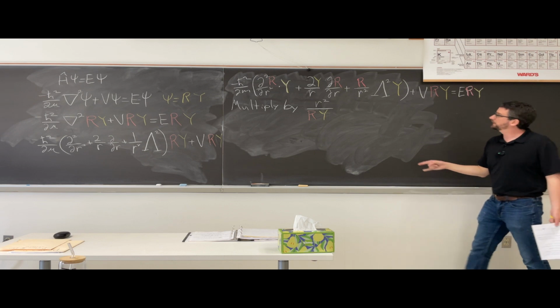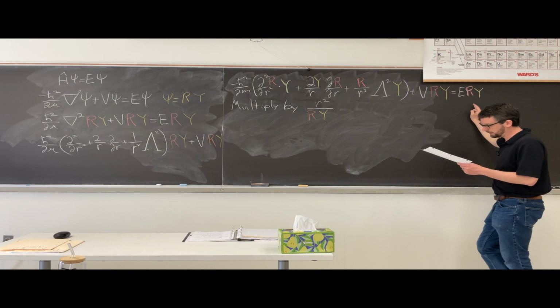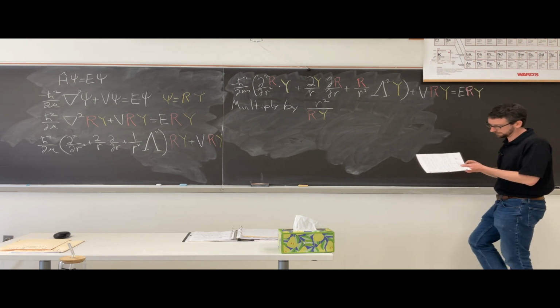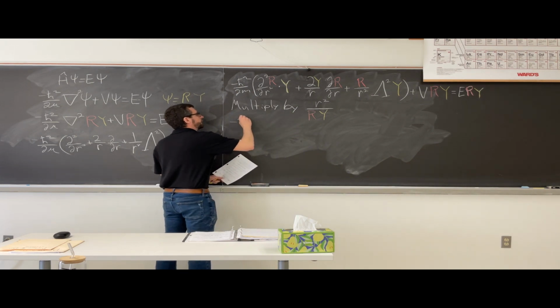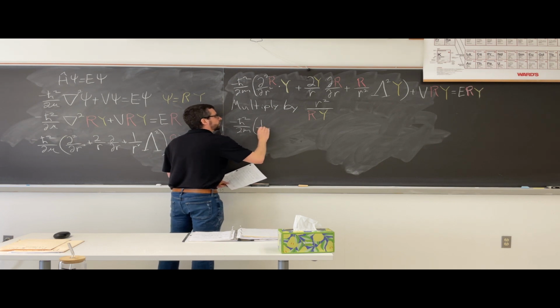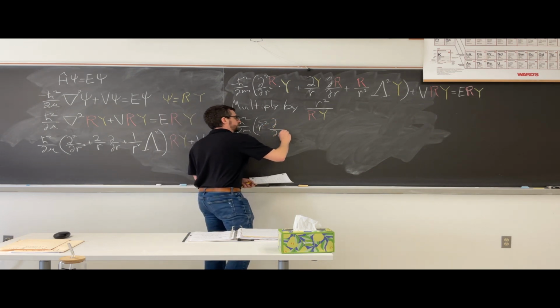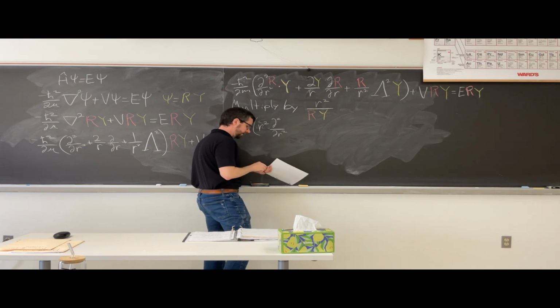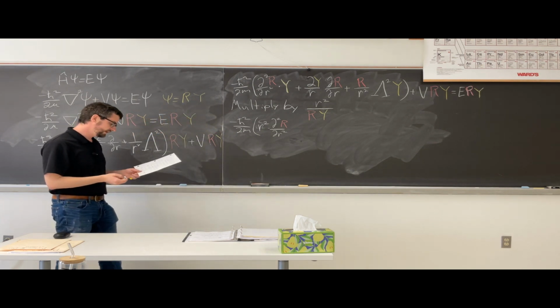And now what we're going to get is we'll have a handful of terms. We'll get rid of some stuff, but we're going to introduce some new things. So let's rewrite everything. Negative h bar squared over 2m, r squared, second derivative with respect to r, capital R. What else do I need here?